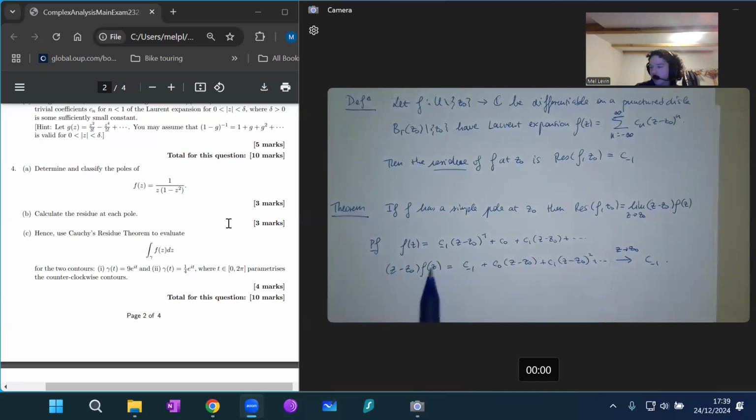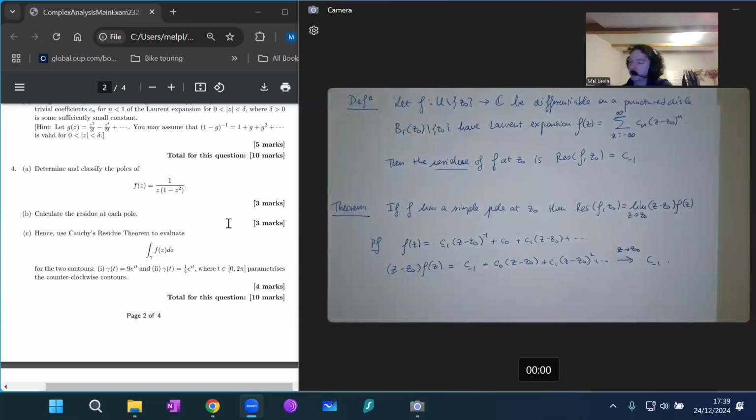Or rather, I know f(z) is not defined at z naught, so technically this is not defined at z naught, but it has a removable singularity. This formula could be used to extend the definition to z naught, and then we can just plug in z naught. Anyway, that's just to give you an idea.